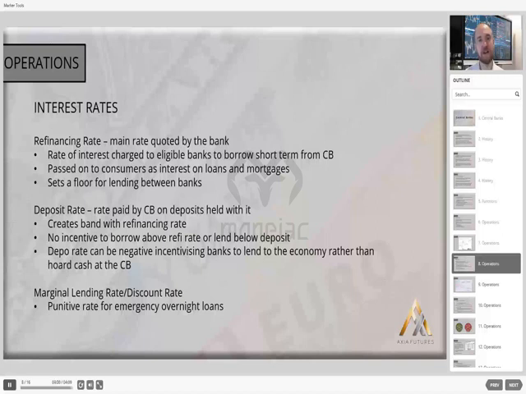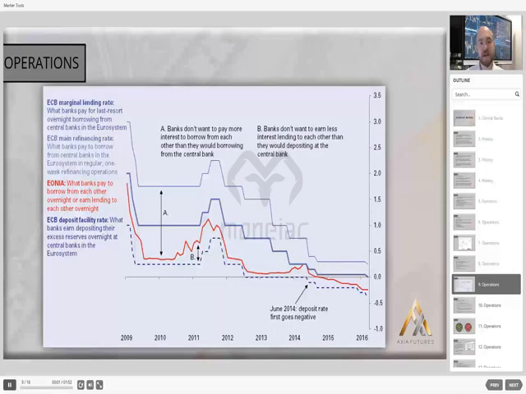So let's go and have a look at how interest rates are actually used. More than one interest rate is used by most central banks, and that perhaps is a little bit of a surprise. So we're going to have a look through all the different interest rates and what exactly they mean. Okay, so there are 3 main interest rates. In general, these will make up the interest rate corridor, which I'll show you in a chart in a little moment. First up is your refinancing rate.